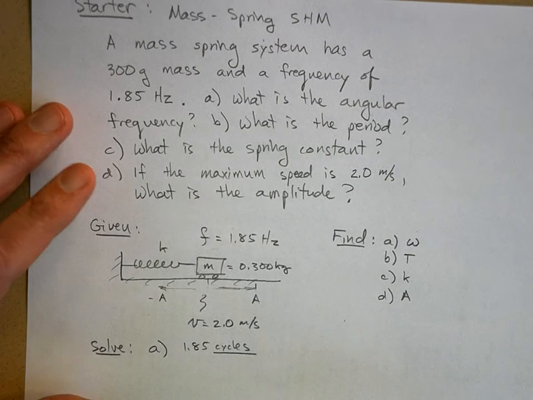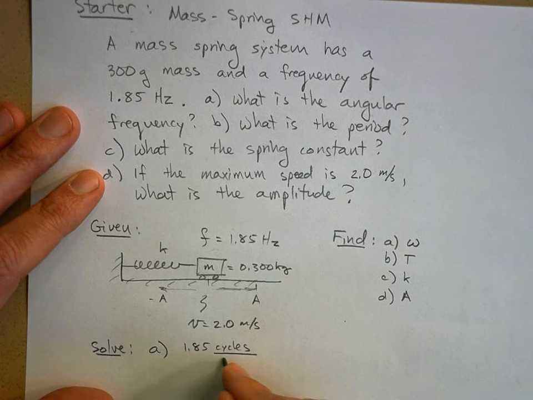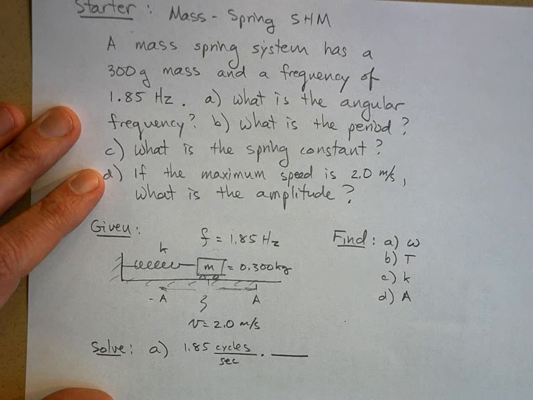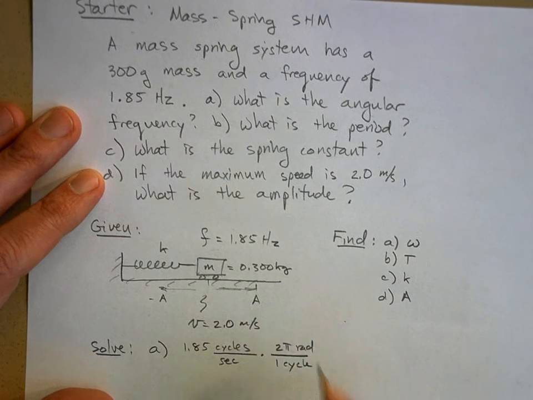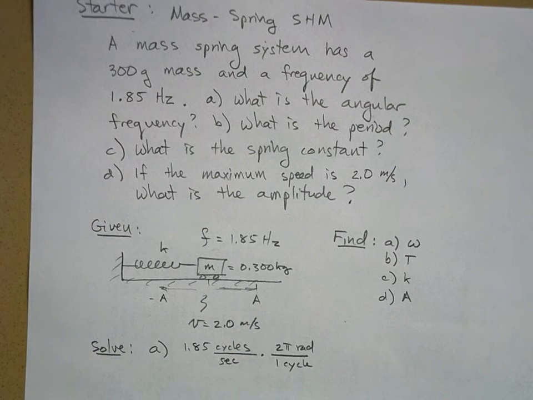It all kind of works the same way. 1.85 cycles per second. And then one cycle is 2 pi radians. Remember, one cycle is when the motion starts to repeat itself. And if you were to plot the position as a function of time, it would make a sinusoidal wave. And so, using radians makes sense.